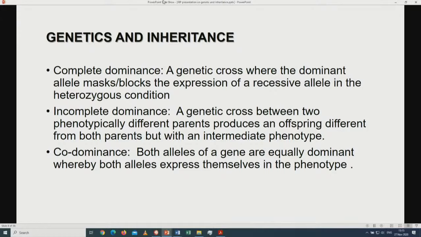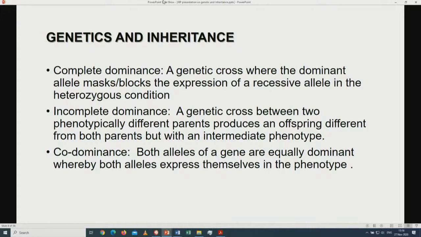Complete dominance is a genetic cross where the dominant allele masks or blocks the expression of a recessive allele in the heterozygous condition. In incomplete dominance, the genetic cross between two phenotypically different parents produces an offspring different from both parents, but with an intermediate phenotype.